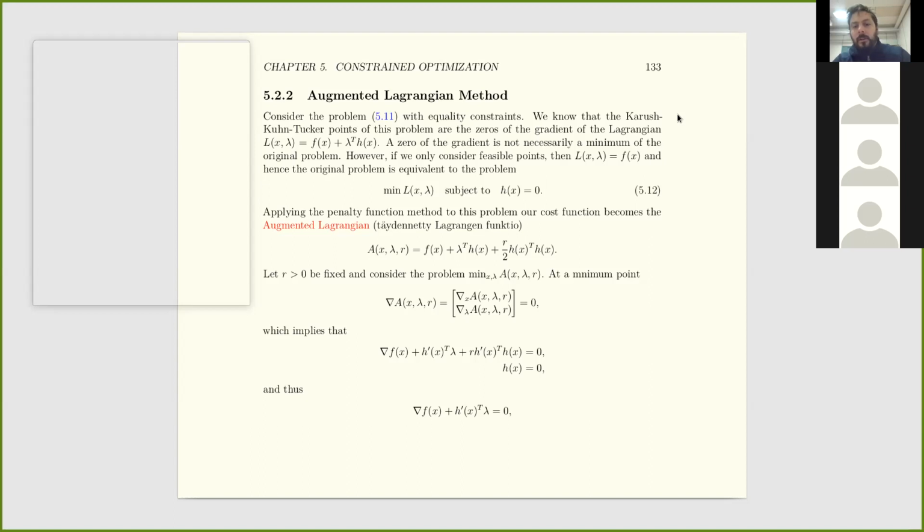And it also implies h of x is 0 at that point. And now if we think of h of x being 0, then obviously this still has the same condition as we have from the KKT conditions. So this is just algebraic justification for why introducing this h of x squared in this Lagrangian method does not break anything. It's still equivalent.